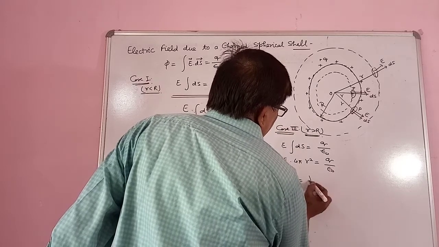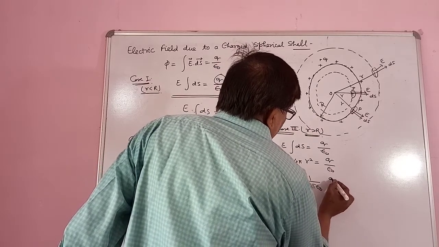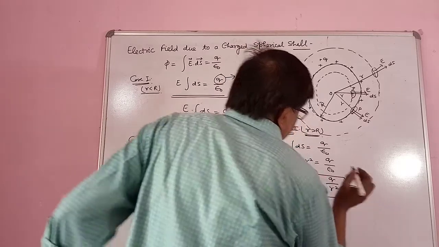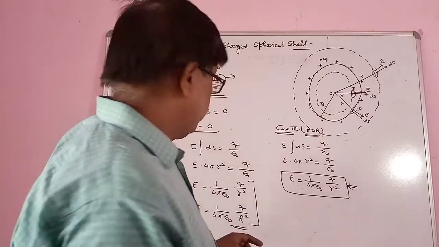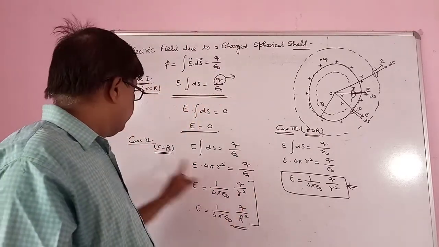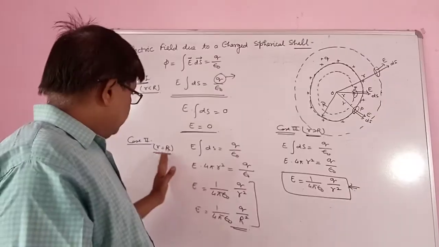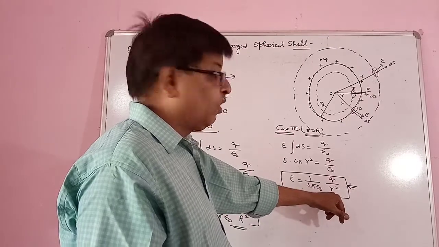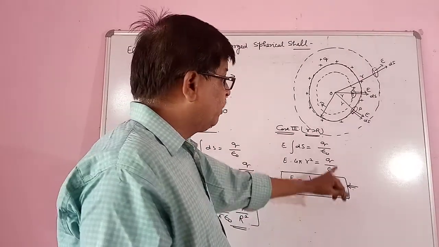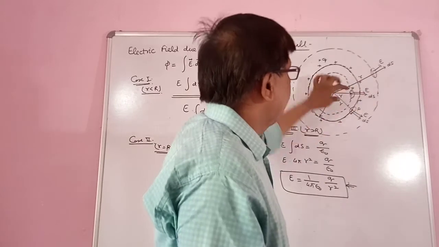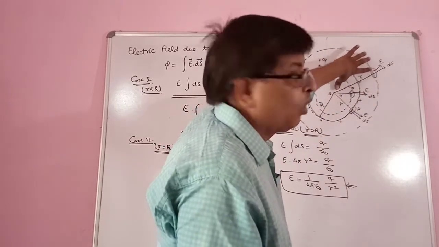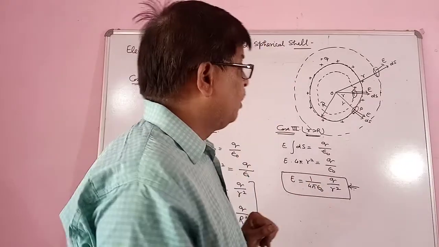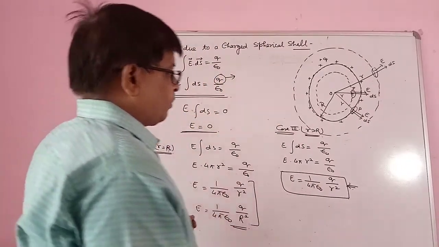Now E equals 1 over 4 pi epsilon naught Q over r square. Again, you should note that here r is not equal to capital R, so we cannot change it. This is capital R, and this is small r. So E equals 1 over 4 pi epsilon naught Q over r square. This is our consideration.